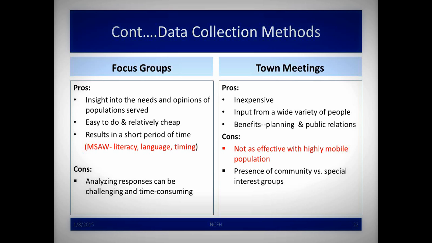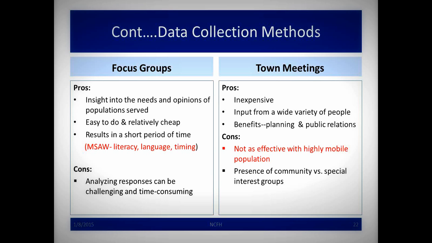When trying to assess migratory and seasonal agricultural worker needs, using focus groups can decrease the challenges with literacy, language, and timing, because you are tailoring the guide for your focus groups to a small group of people. You can have a group do a focus group in Spanish.